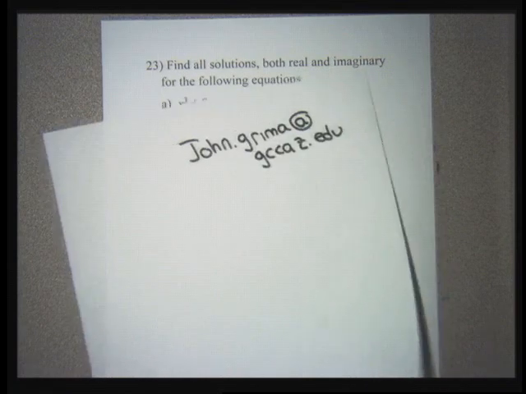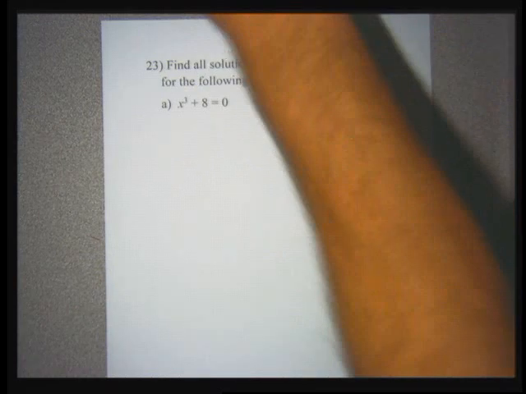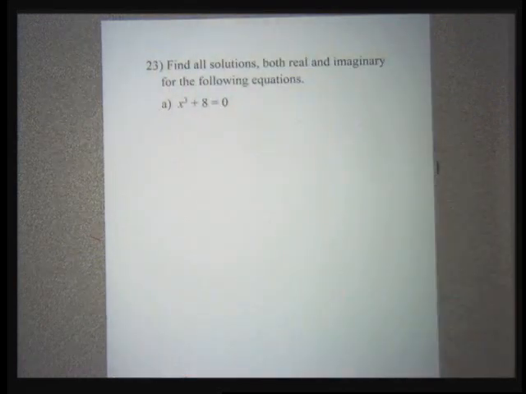So 23 is tough because it involves remembering both the quadratic formula and factoring cubes. I teach factoring cubes differently than I'm going to show you now, just because I know the way most teachers show factoring cubes. So for 23a, I have to first factor, and then I'm going to need to use the quadratic formula.